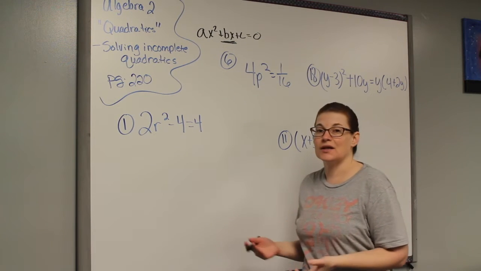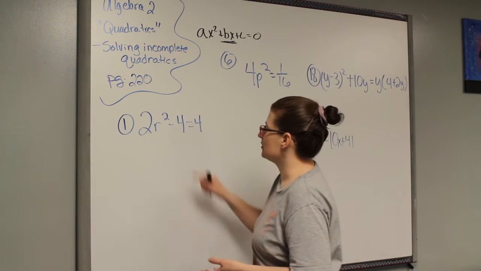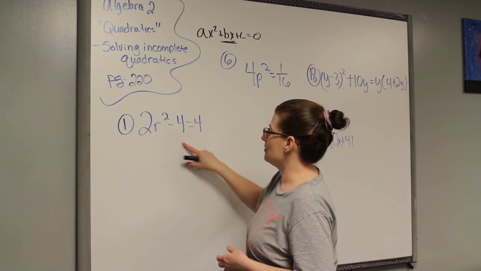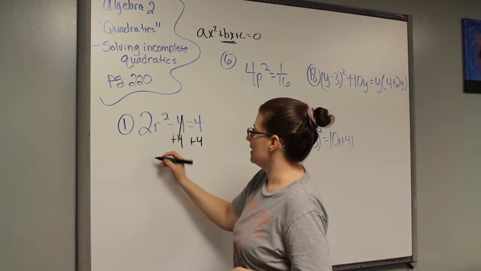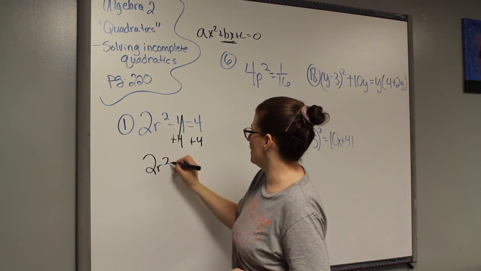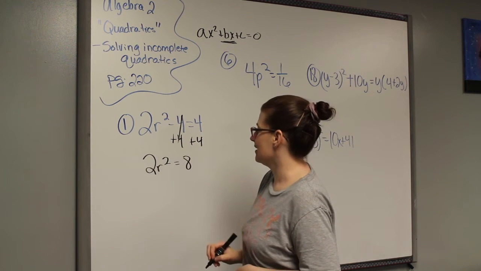Well, you want to get your square term by itself. So on number 1 here, I need to move this -4 over by adding it to both sides. I get 2r squared equals 8, okay?